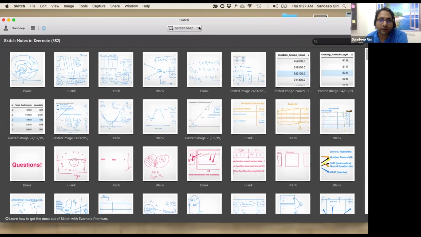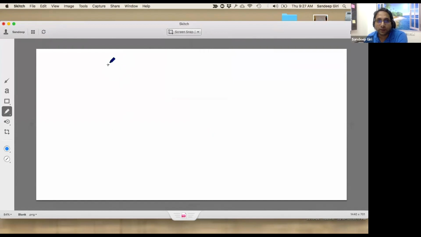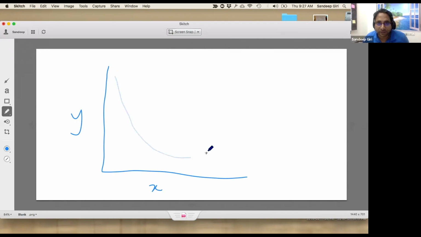What we generally do is we call them polynomial features. We convert a nonlinear problem into a linear one, and that solves it. Imagine that this is your y-axis and this is your x-axis, and the data was something like this.